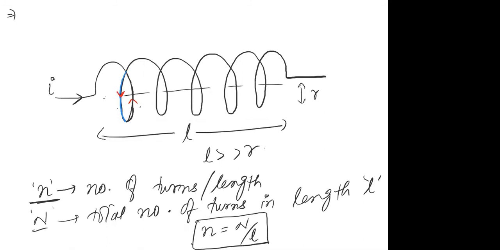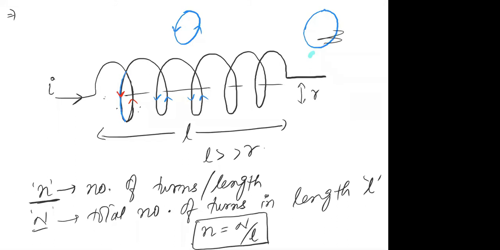This is along the plus Z axis, this is along the minus Z axis. If I take one turn, the current appears to be coming out at this point, and then it appears to be going into the screen at this point, right?